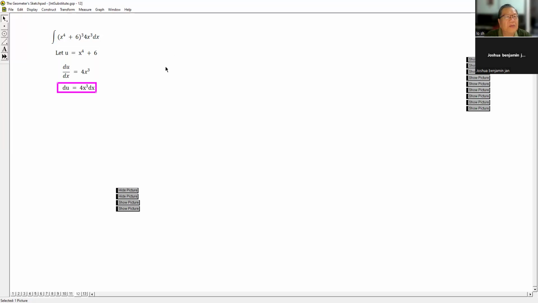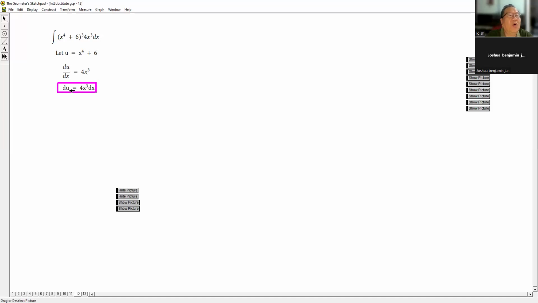Now we need to find something to replace this dx here. Because when you change this to u, you cannot integrate u with respect to x. When you change this to u, the dx also needs to be changed to du. So you separate them, du, then the dx you bring over.